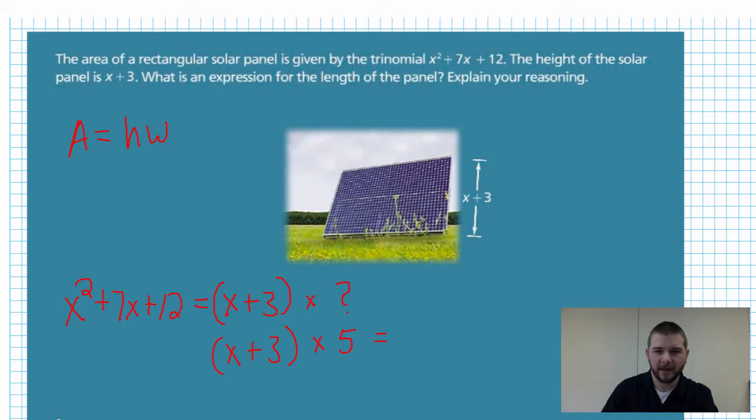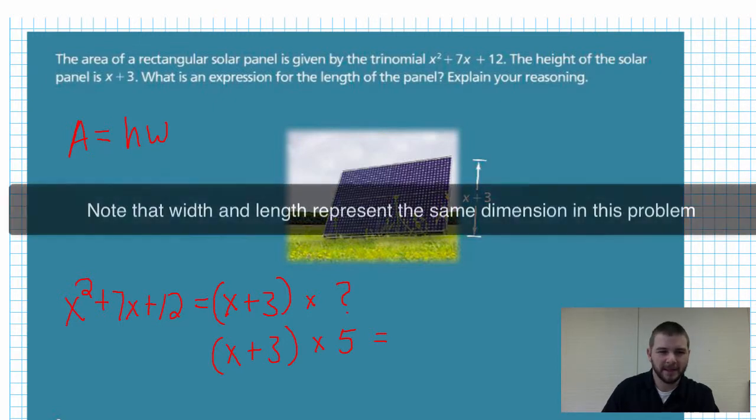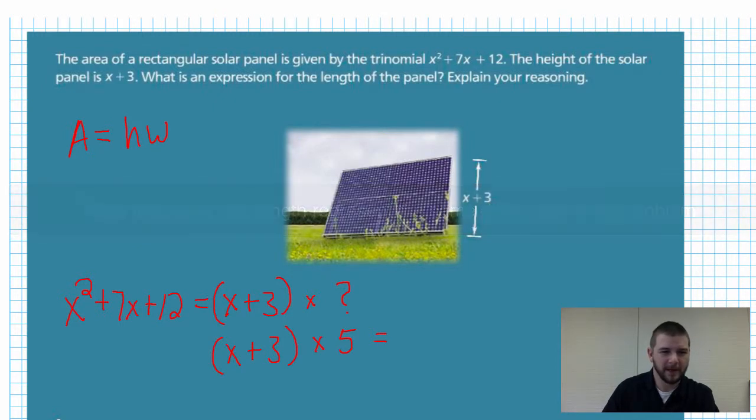Now we're given an expression to represent the height of this rectangle, and our job is to find an expression to represent the width. So considering what we know, the area of this rectangle is written as the trinomial x squared plus 7x plus 12, and our job is to determine how that can be written as our height, x plus 3, times some other expression.